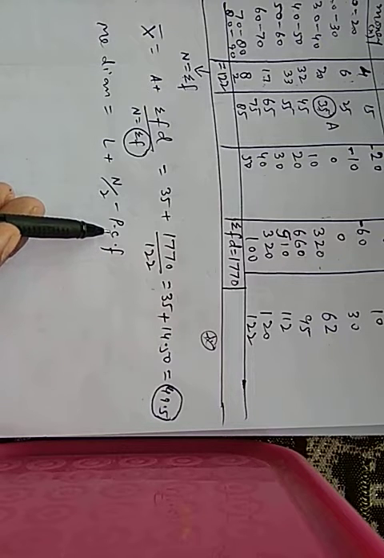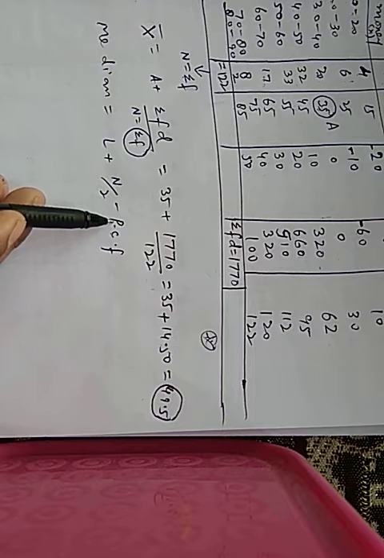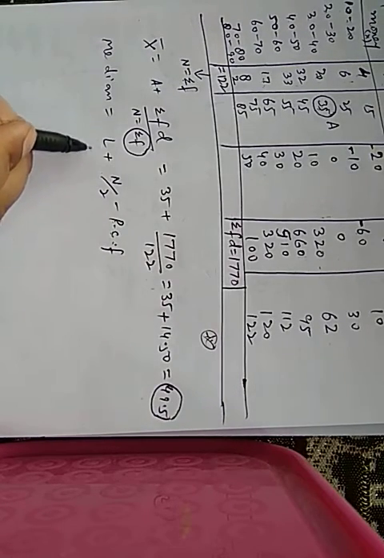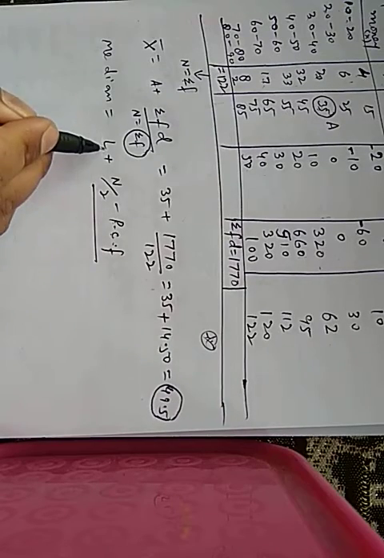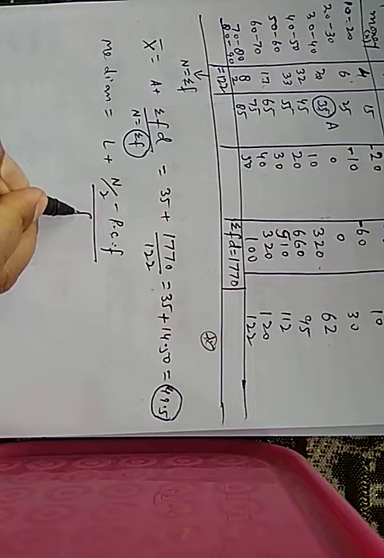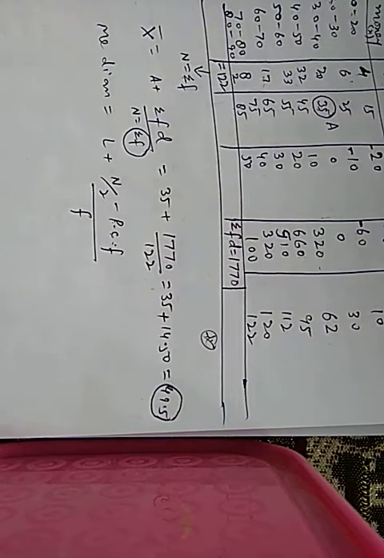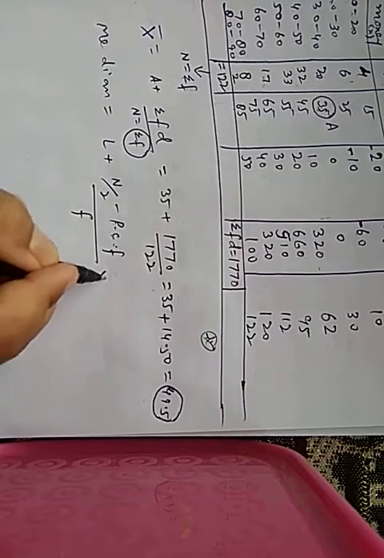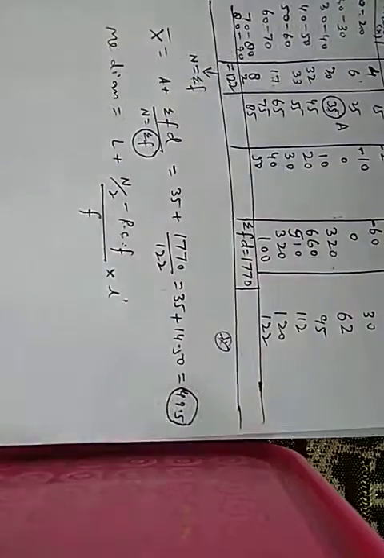So to avoid confusion, I will write PCF. Here we are not to write sigma f, the addition of frequencies, but the frequency of the median class, multiplied by the size of class interval.